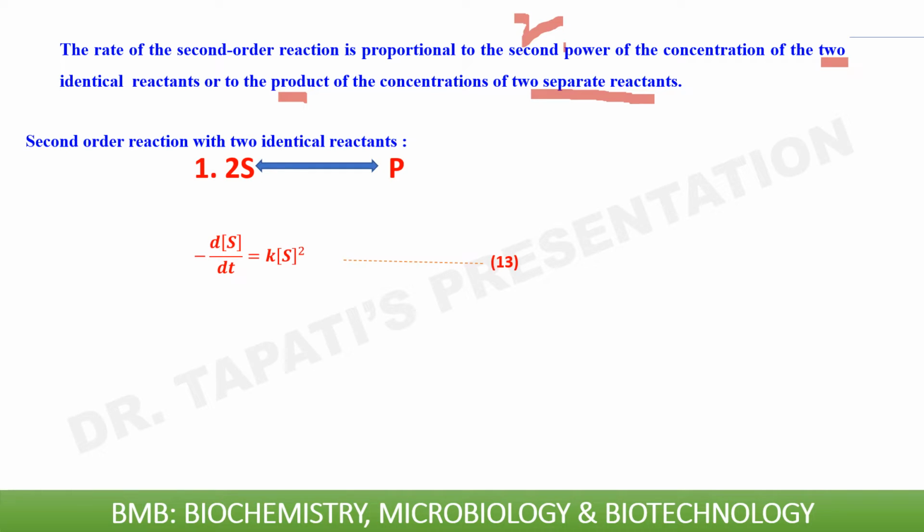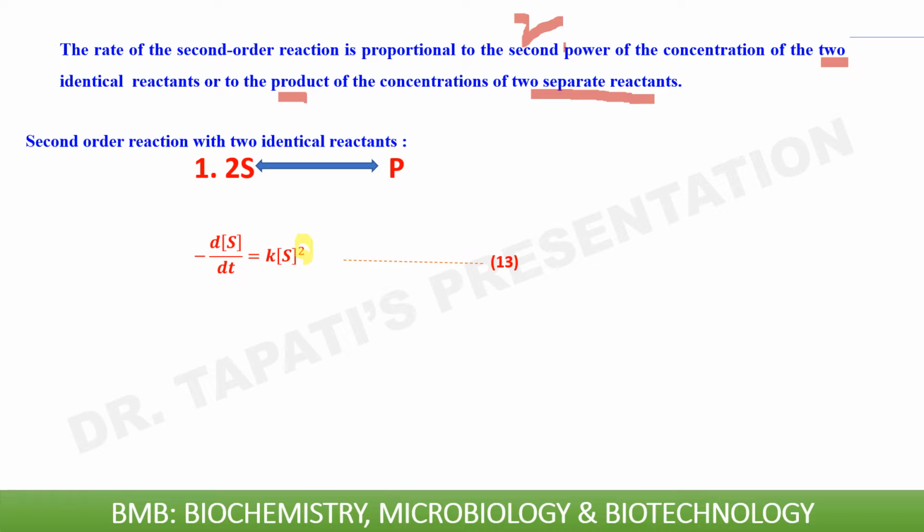In that case, the rate of the reaction will be minus dS by dt, equal to K into substrate concentration power of 2. So in case of two identical reactants, the second order reaction rate is equal to K into substrate concentration power of 2.